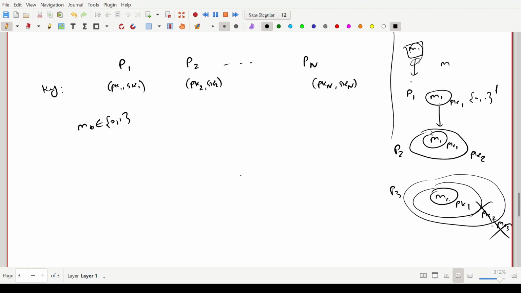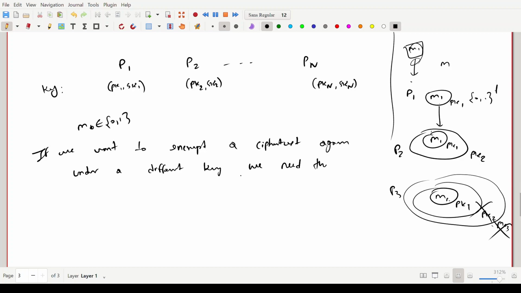So let me just write it. If we want to encrypt a ciphertext again under a different key, we need the definition for encrypting the element x, which is say L bit, correct?